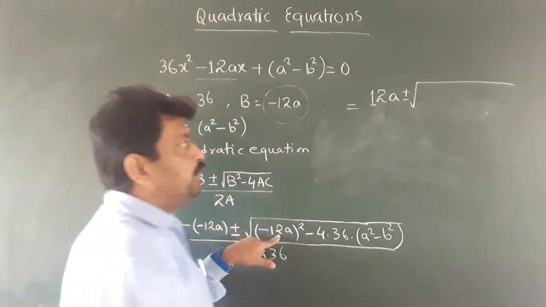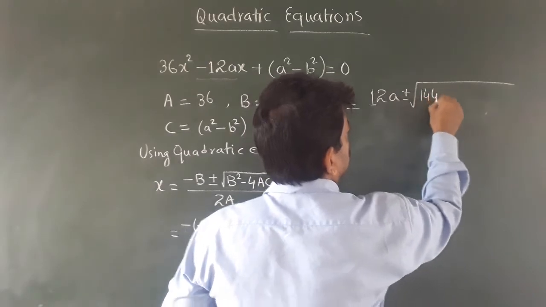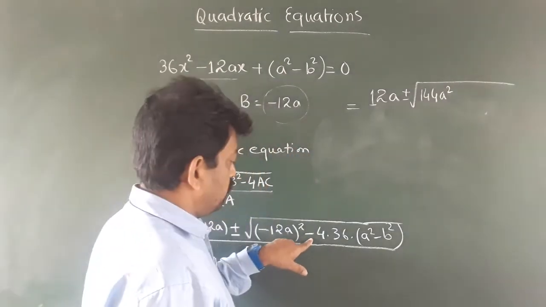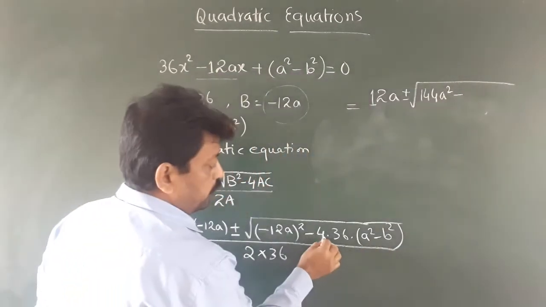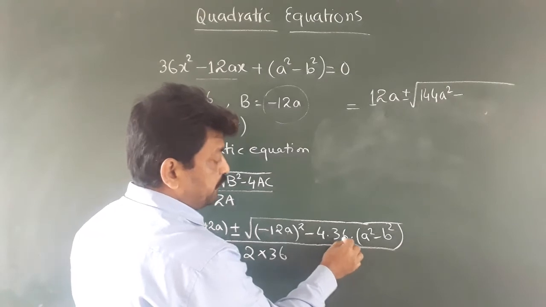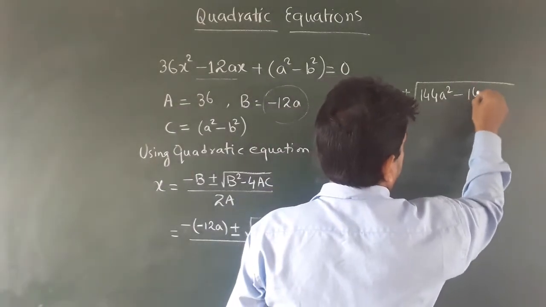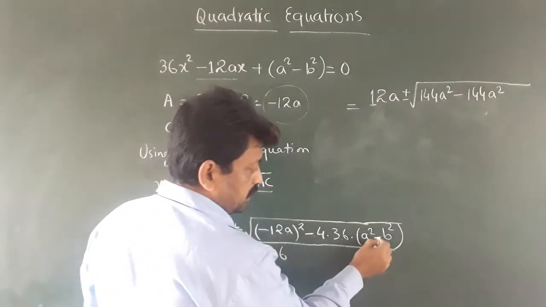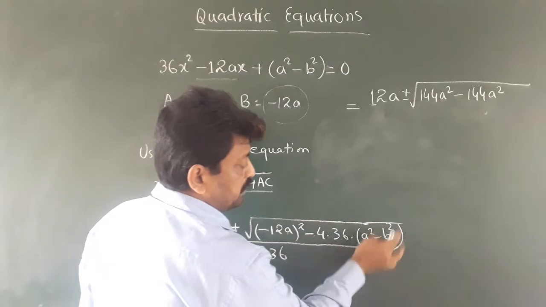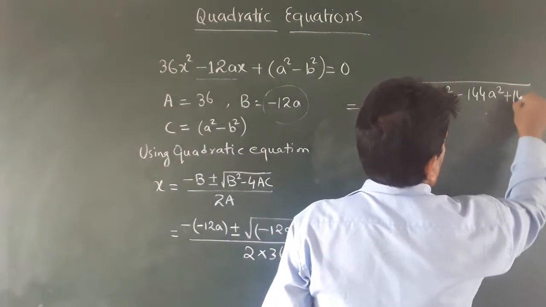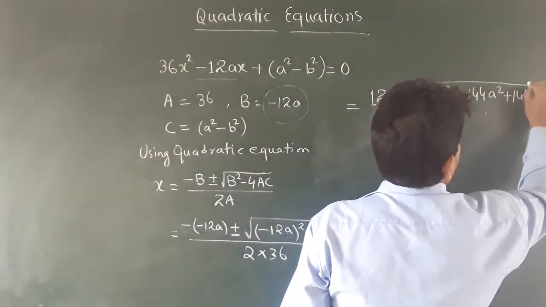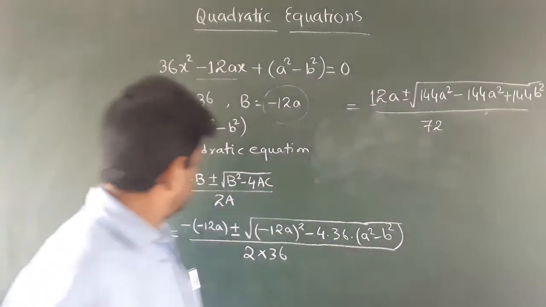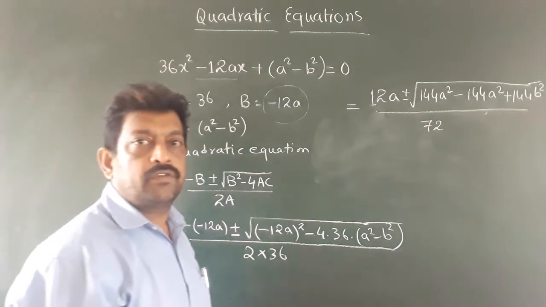Square of 12 is 144, and square of a is a square, minus 4 multiplied with 36 is 144, and minus of minus is plus, again 144 b square, plus 144 b square. 2A means 72. 2 multiplied with 36 is 72.